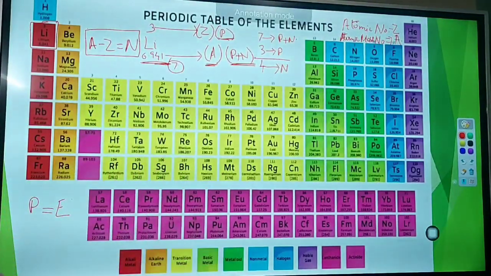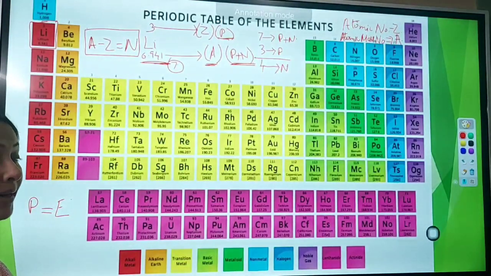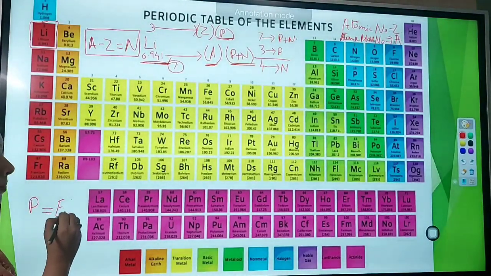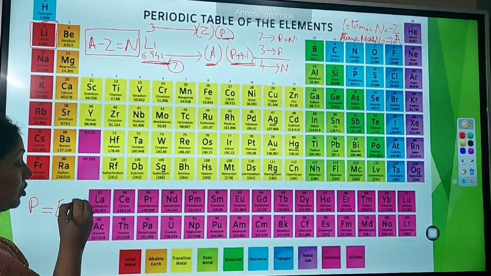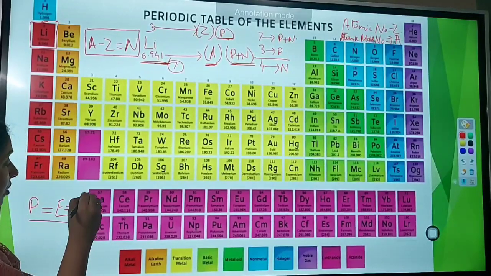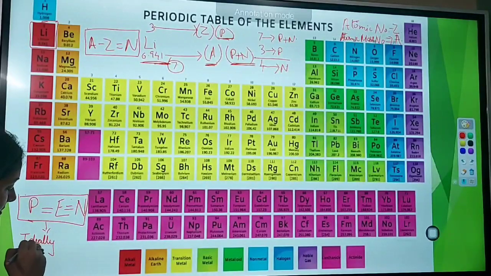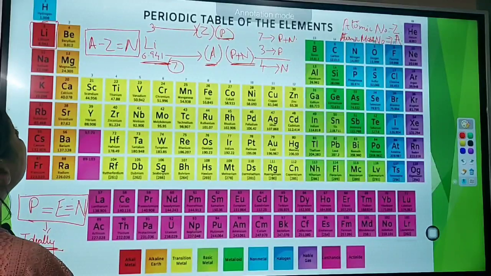Okay, this formula is great to know. But then, ideally, the number of protons is equal to the number of electrons, which is also equal to the number of neutrons, ideally.